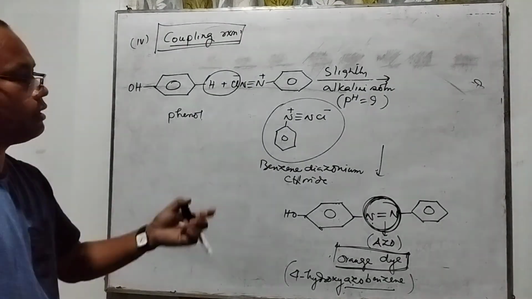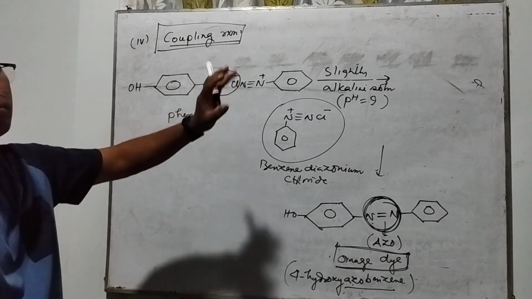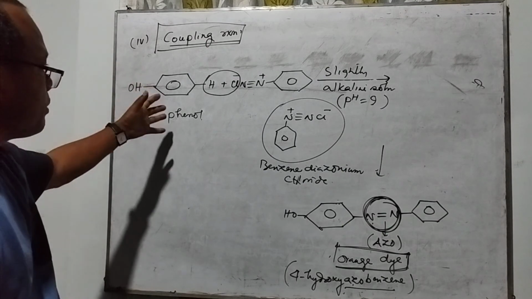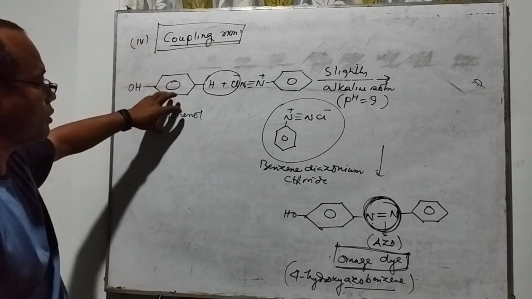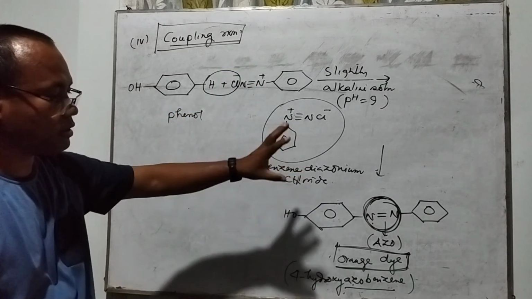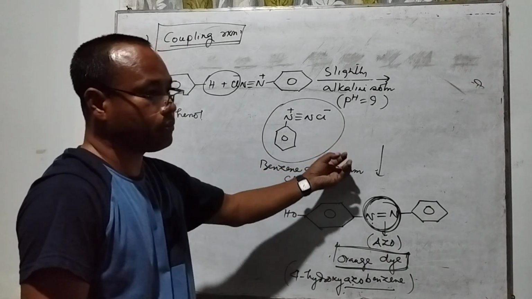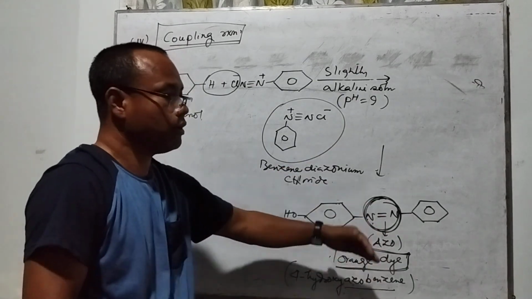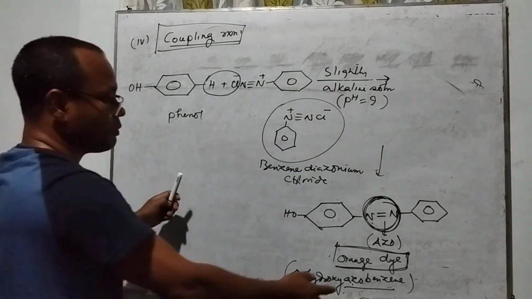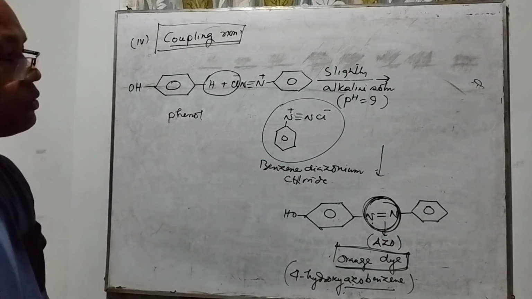Some case-specific multiple choice questions may come in your examination. As I mentioned, in the coupling reaction between the phenol and benzene diazonium chloride, the azo compound or orange dye is formed. They may ask what group is present in the product. Please remember that this group is important to our dye, that is the azo dye, right?